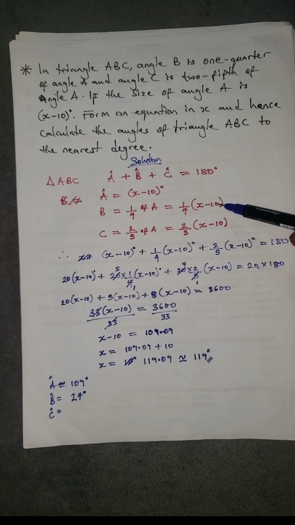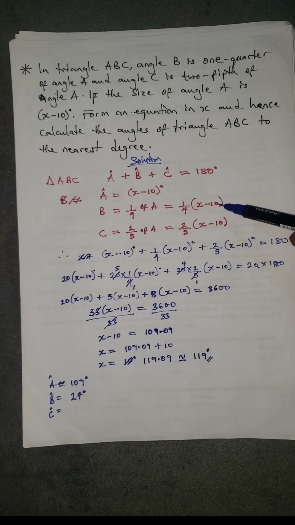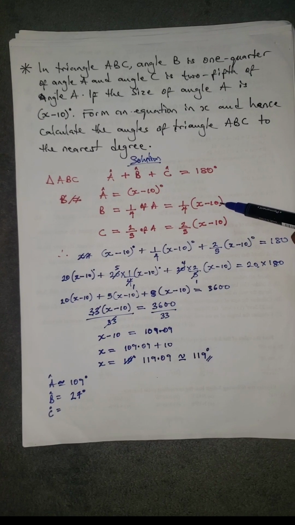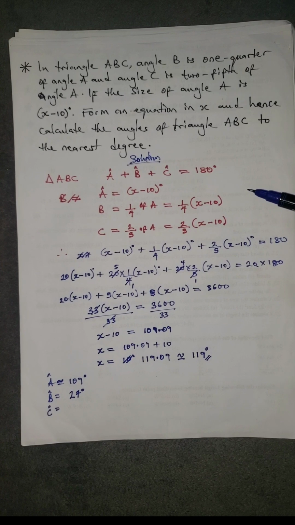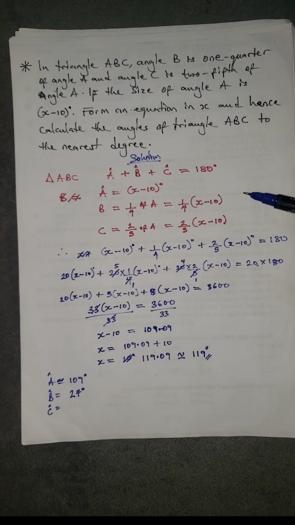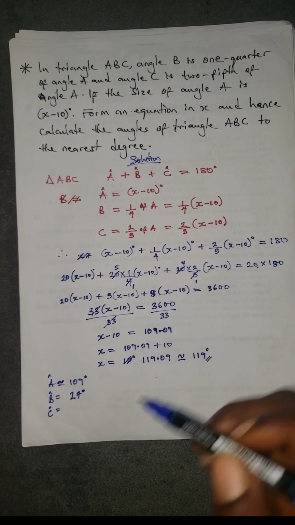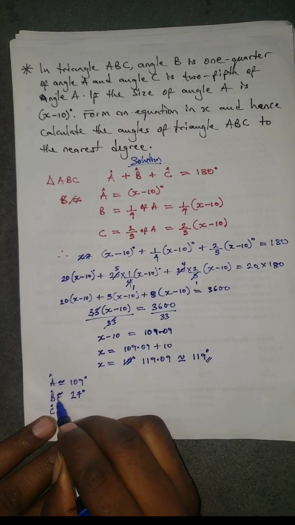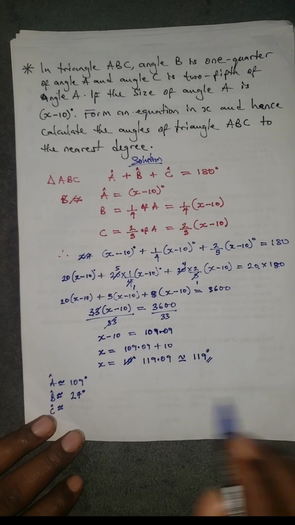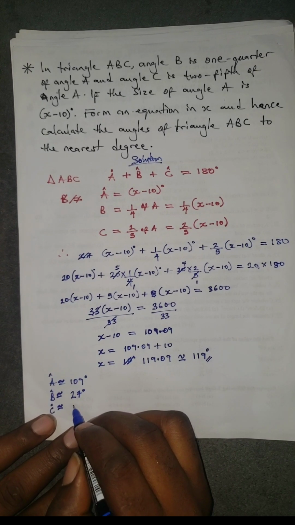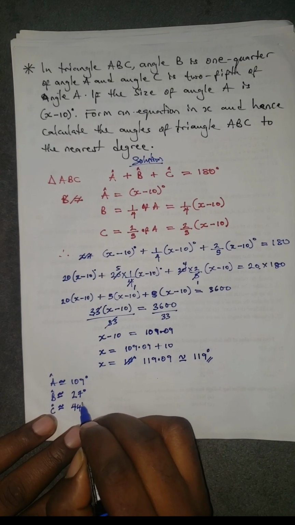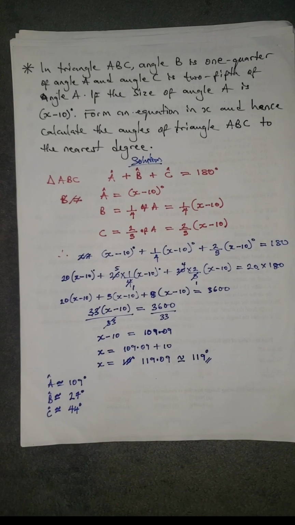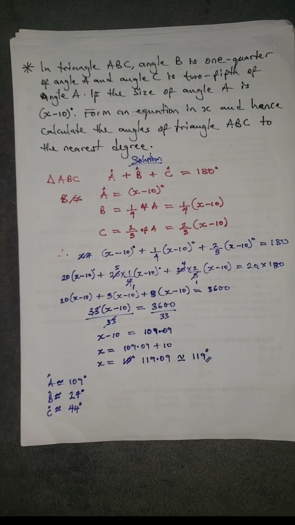So 109 multiplied by 2, then you now divide by 5. Okay, so that will give you approximately, remember we are taking it to the nearest degree, so that's approximately 44 degrees. So this is our answer to the nearest degree.